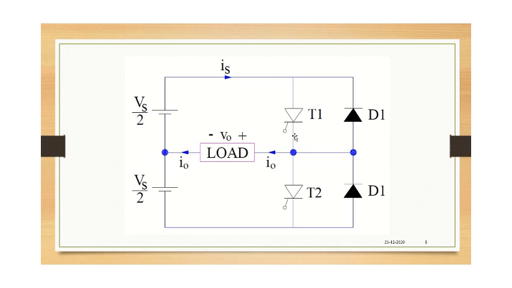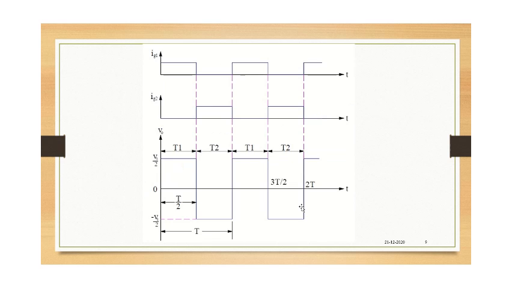Imagine T1 is turned on between 0 and T by 2, and in the next period, period 2, the T2 device will be conducting for the duration T by 2 to T. Here I'm showing you in the waveform: say this point is T by 2 and this is T, the total time period.